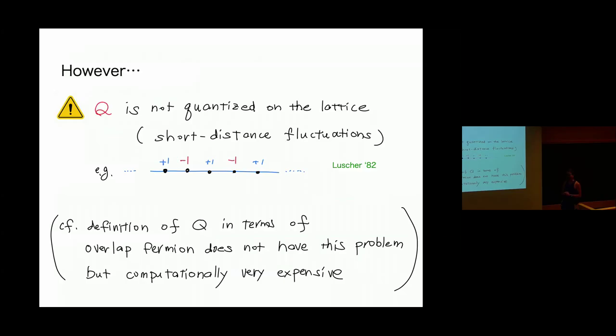The reason that it's not an integer is that it's on the lattice. If it's a smooth configuration, you can say that it quantizes. But on the lattice, you can have a very discontinuous configuration. Like here, I have plus or minus 1 for a Z2 field, where there is no continuous field counterpart. In these configurations, there are definitely widely fluctuating fields, and the topological charge wouldn't go to an integer.